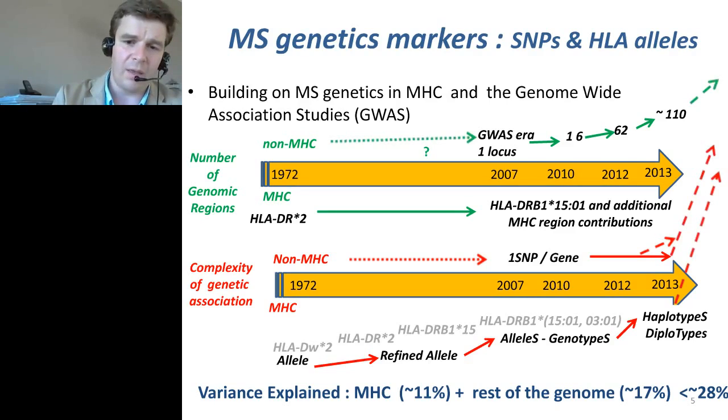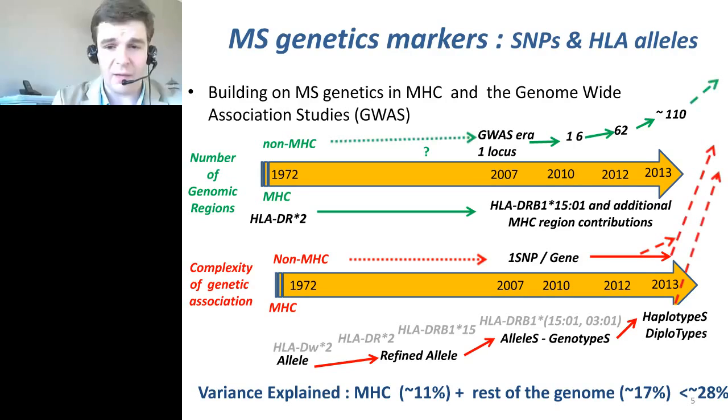The reason I'm saying that is that genetics became a typical problem in MS: we went from one gene that was well known, easy to remember and easy to understand, to a gene which requires more and more complexity to detail and to understand the type of association with multiple sclerosis.